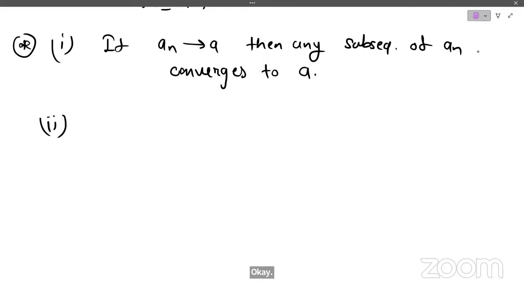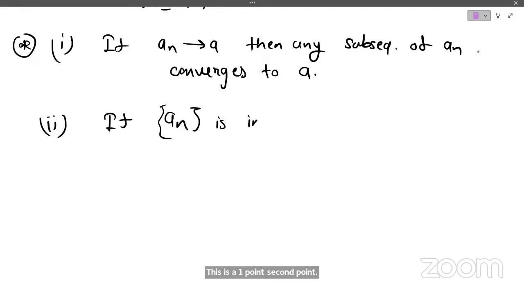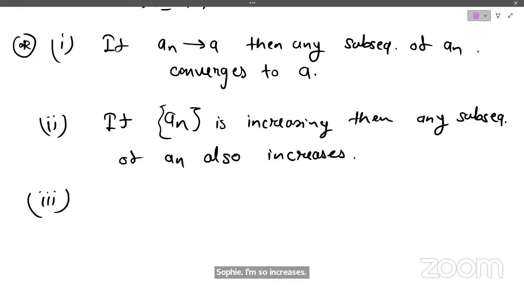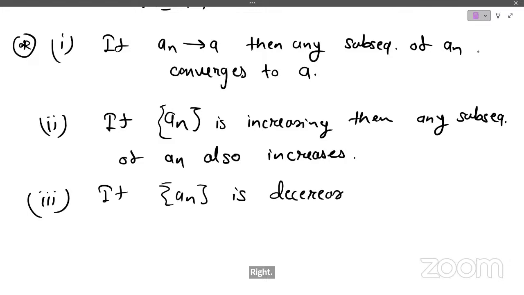Second point, if your sequence an is increasing, then any subsequence of an will also increase. And third point, similar for the decreasing one, that if your sequence an is decreasing, then any subsequence of an also decreases.